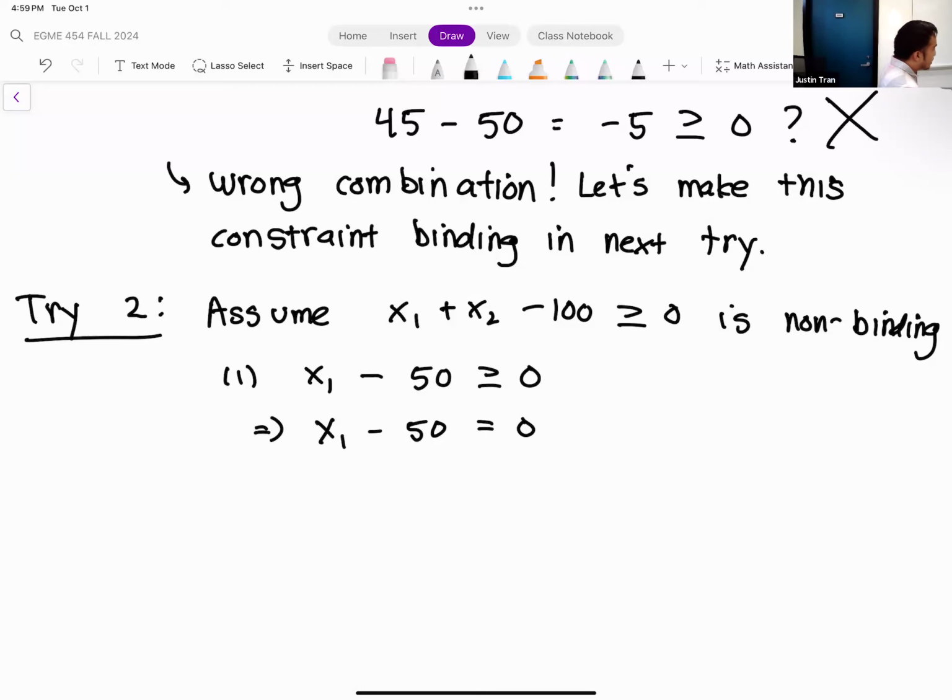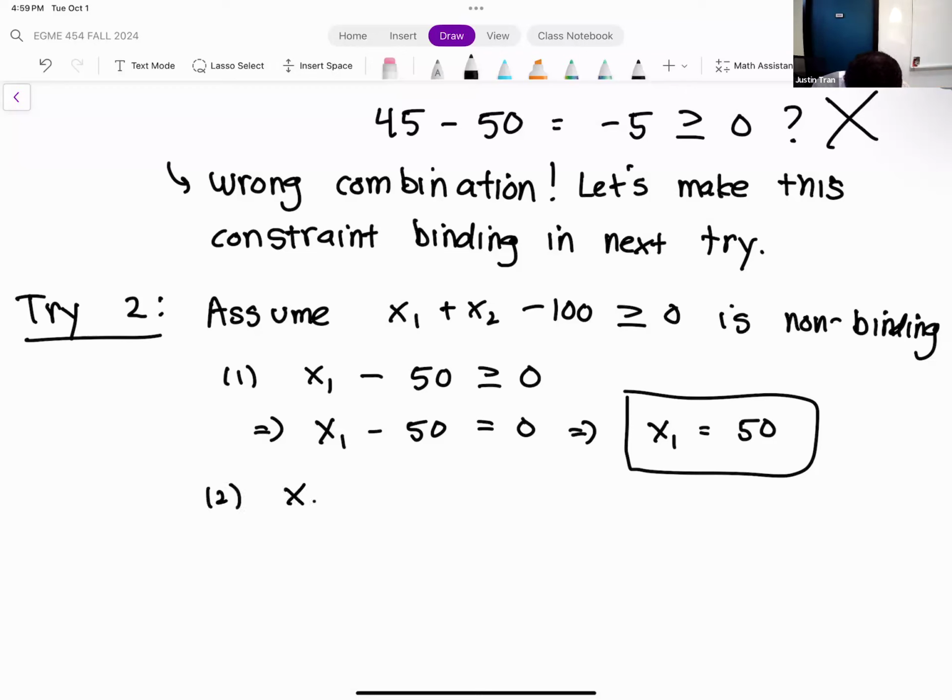From this equation, we can see very quickly that x1 has to equal 50. That makes sense: the requirement is that we fulfill our minimum order of 50 fridges in the first month, so we have to produce 50 fridges in the first month.